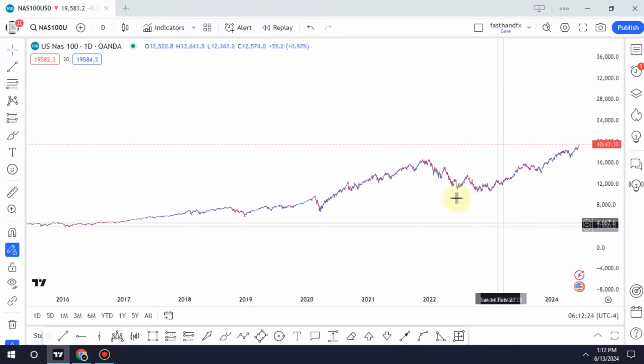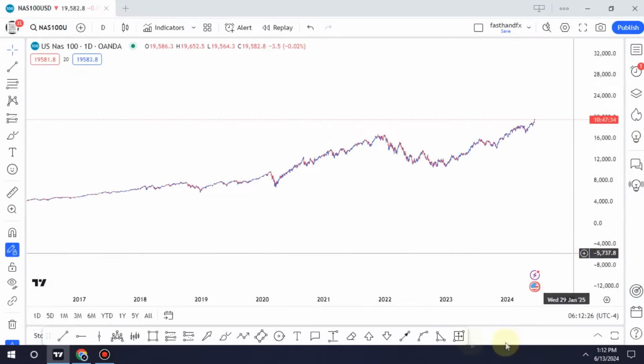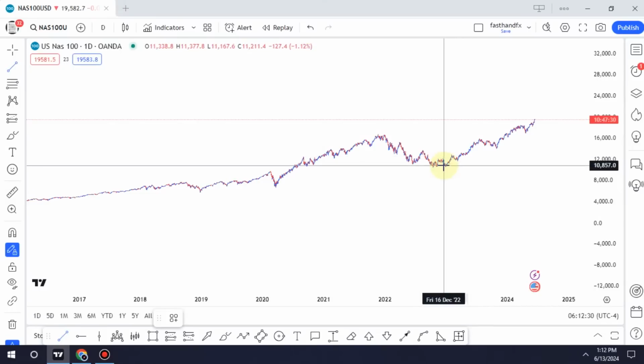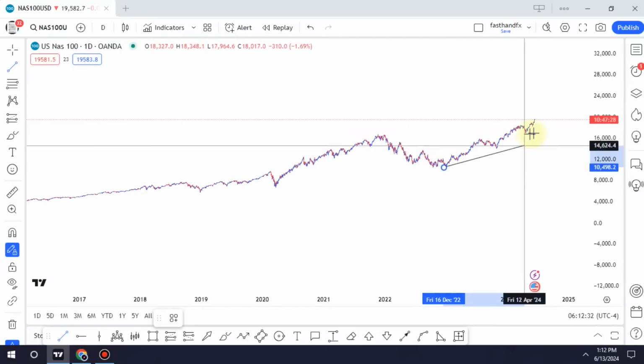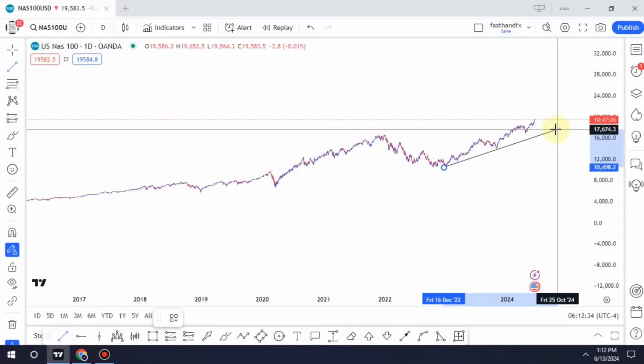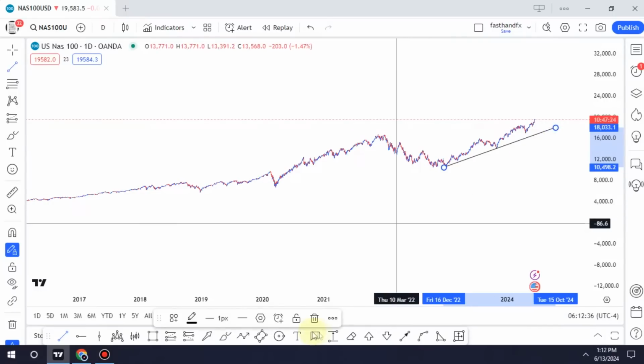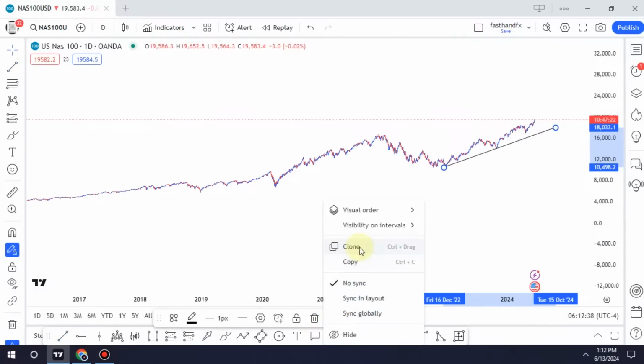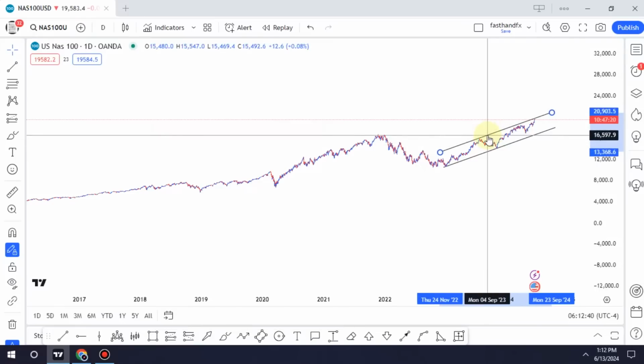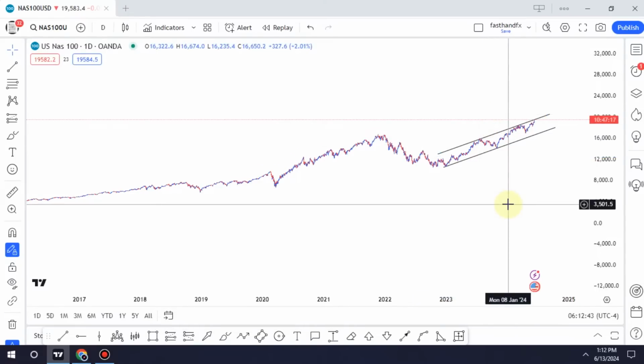All right, then from there, I start bringing in my trends, something like this. As long as it makes sense, I might make it look like that. And of course, you can clone your levels or your trend lines, then have it something like that.